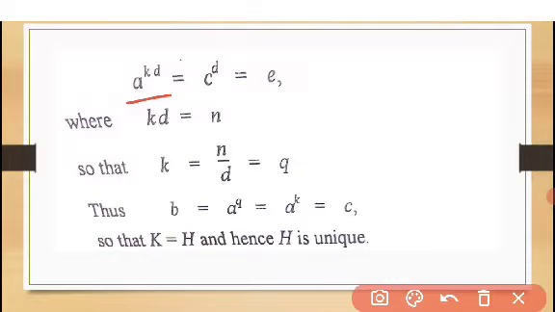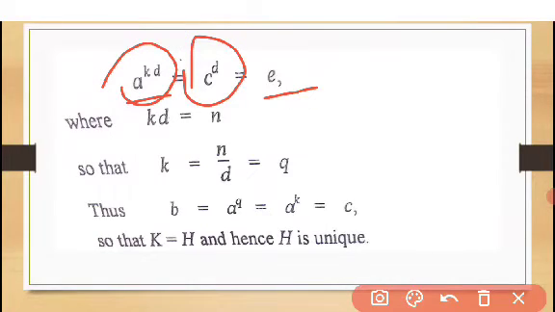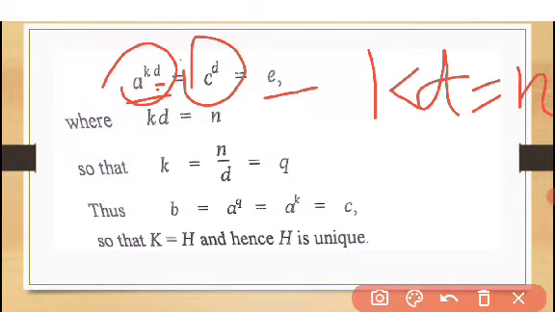A raised to power k gives us C, and raising both sides to power D, we get A raised to power kD is equal to C raised to power D, which gives us identity because kD is equal to n, which is the order of G.